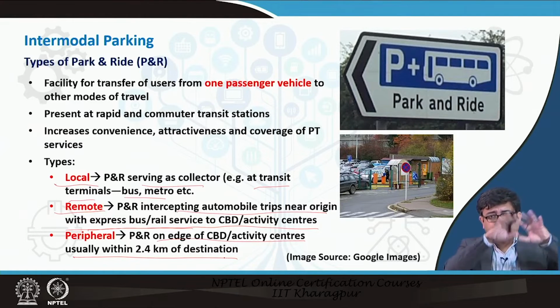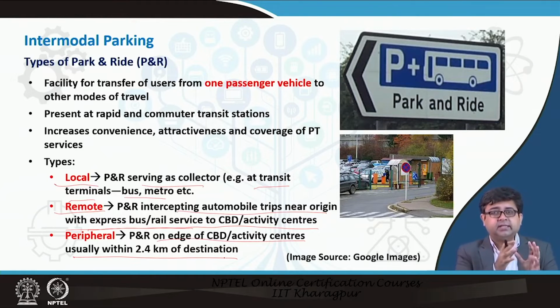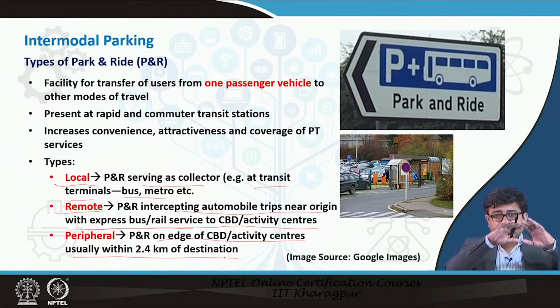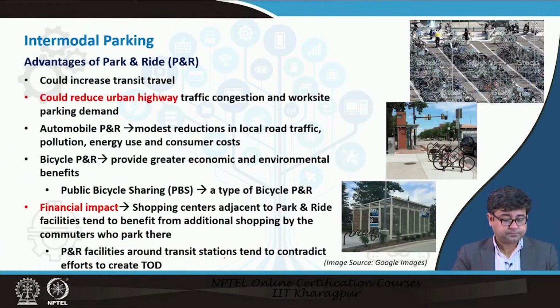So, in the periphery of the CBD, they will allow people to drive till the periphery, and have a lot of park and ride lots there. So, they park their vehicles there, and then they ride either a bicycle sharing system, or a metro, or local public transit, or whatever it is. So, these kinds of park and ride stations are at the periphery of the CBD area. So, these basically are three large broad categories of park and ride facilities that we are talking about.